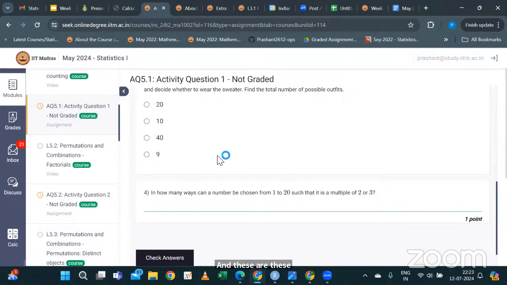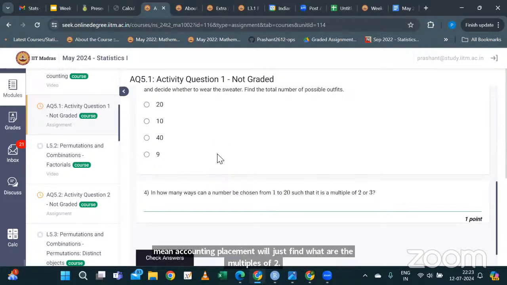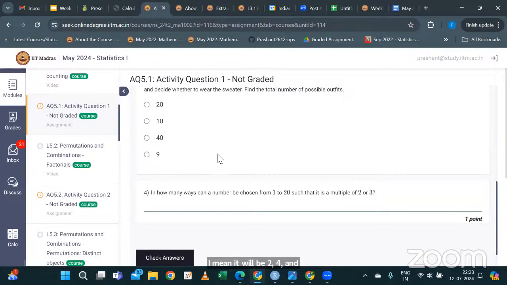Here, I will suggest you just go by the counting principle. That will give you the correct answer. The counting principle is just to find what the multiples of 2 are, 2, 4 and so on. Then see for 3, and then see it is talking about or, right? Then just count those numbers, excluding the common one. Fine. Okay, sir. Thank you, sir.